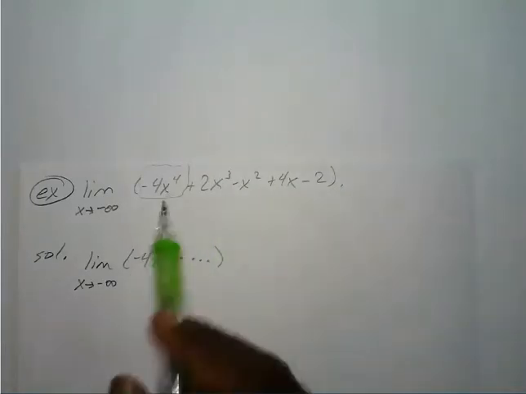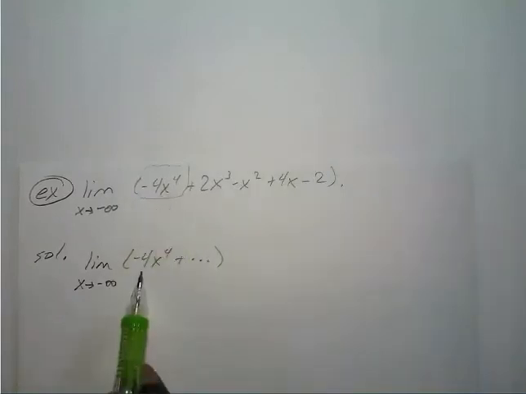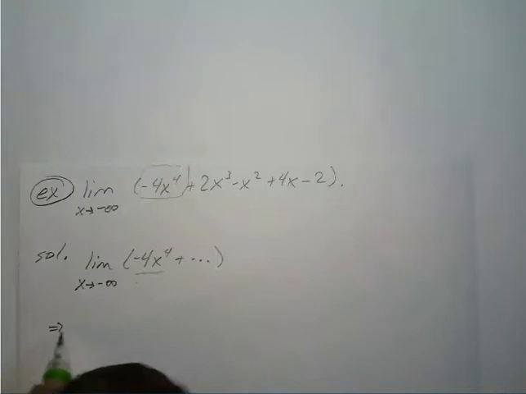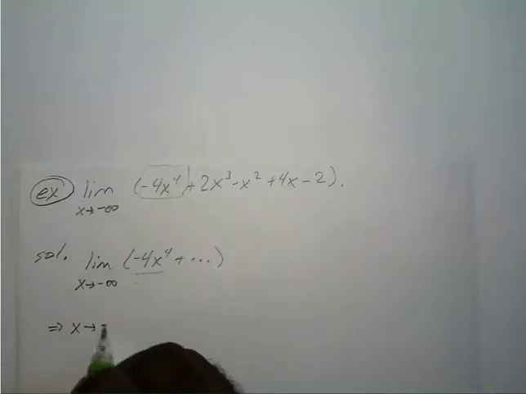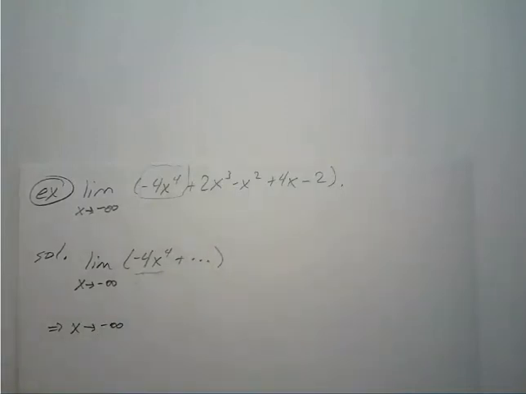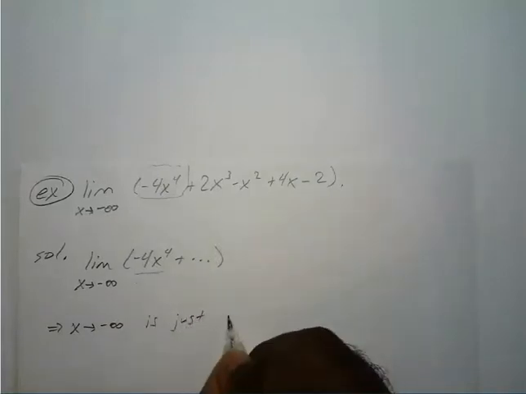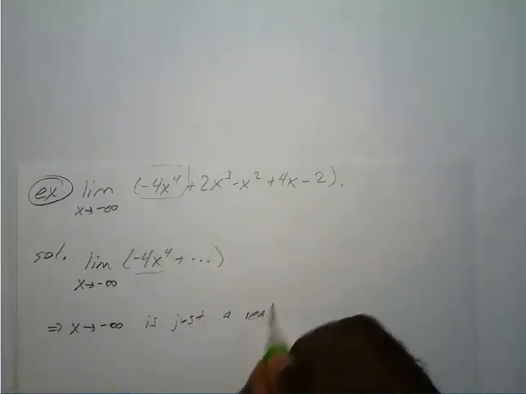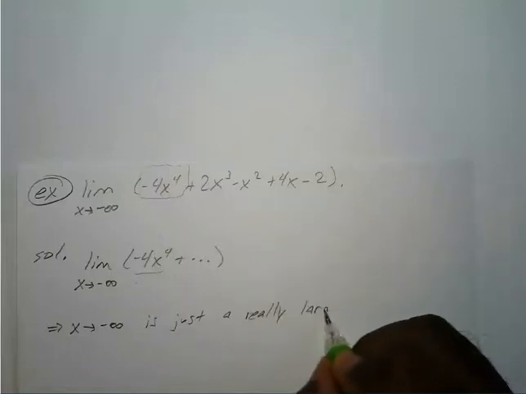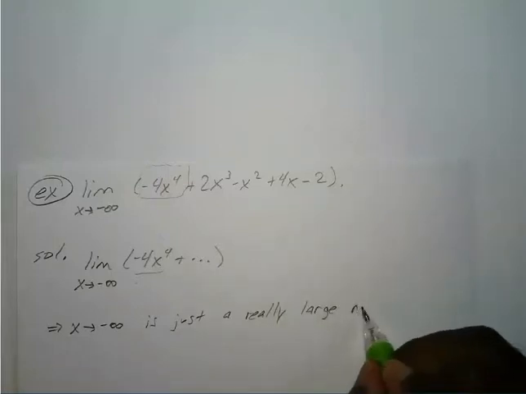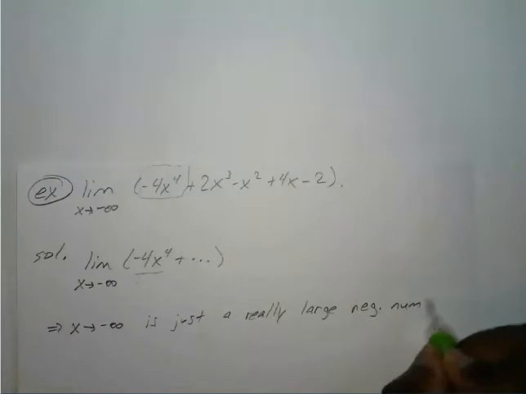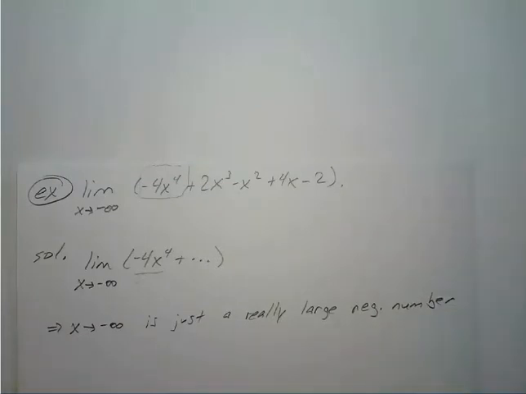Okay, so what does this tell us, just by this lead term? Well, x approaches negative infinity is just a really large negative number that's going to keep getting smaller and smaller and smaller.